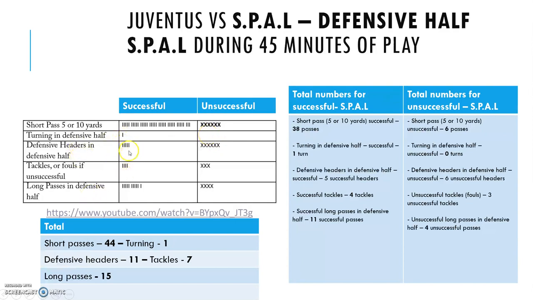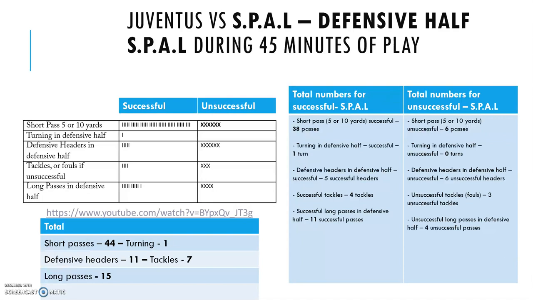Defensive headers was 5 successful headers, but they did 6 unsuccessful headers. If I can remember, there was a player in the match called Salomon, and basically his role was a centre defender for this team, and he made the majority of the headers, whether they were successful or unsuccessful.